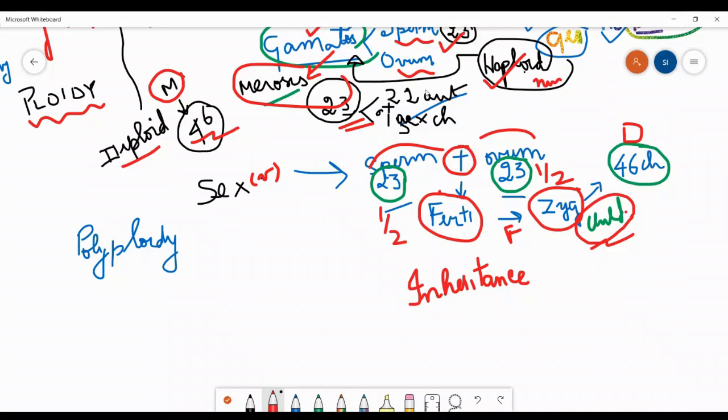So that is the importance of the haploid number 23 seen in the gametes only. Only in the sperm, only in the ovum we have haploid number because they have to come together and produce the individual with the diploid number of chromosomes.